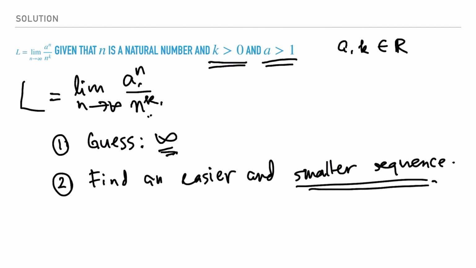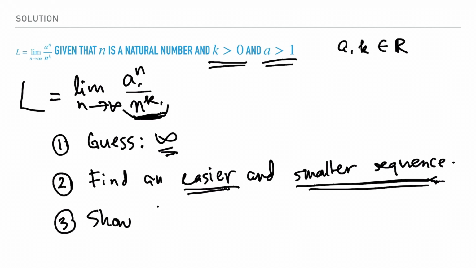By that I mean that the terms of this sequence are always smaller than this sequence here, and that it is easier to evaluate. The reason for that is that the third step would be to show that the smaller sequence approaches infinity.